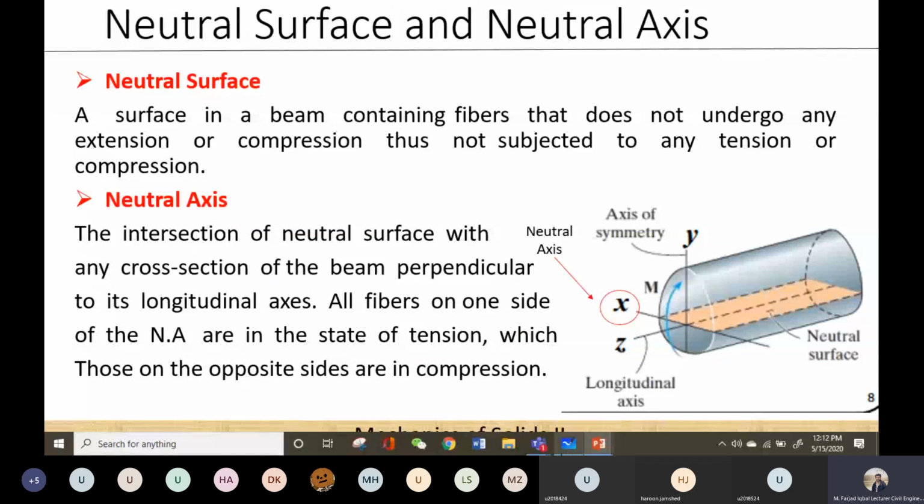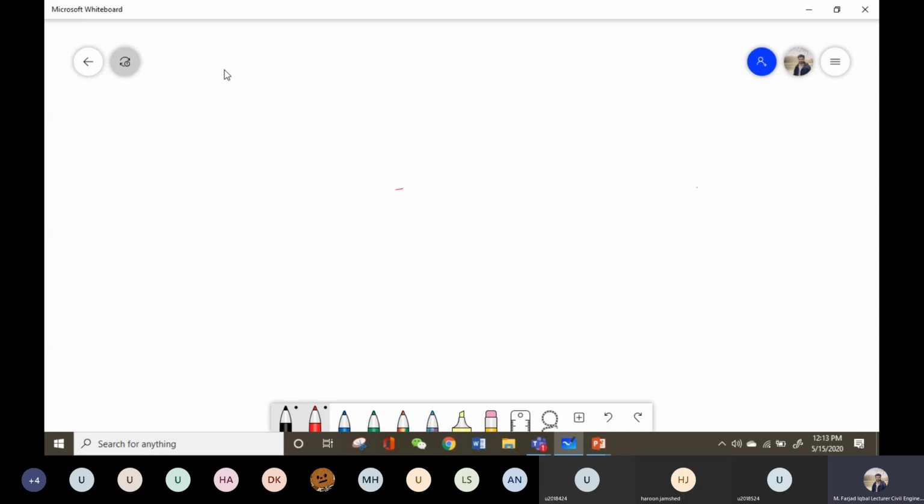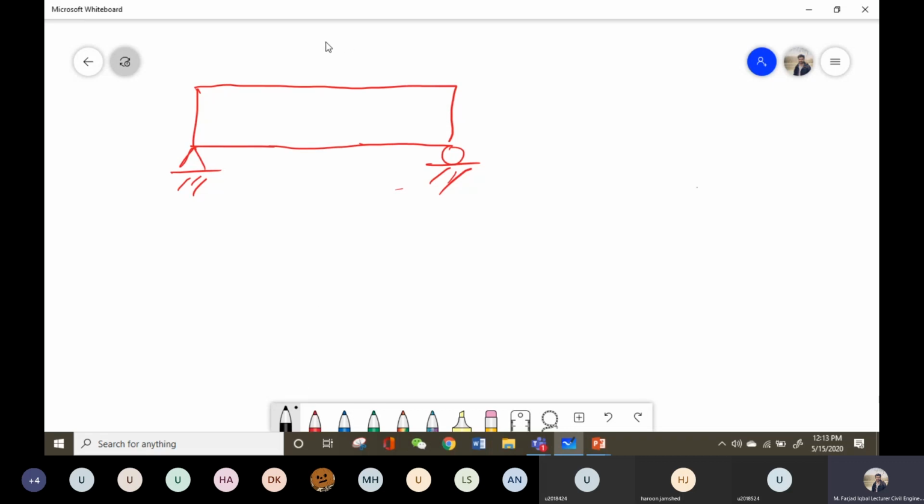Moving on, I will now explain what the neutral surface and neutral axis are. Let's say this is a beam, which is simply supported. If I apply the load from this direction, the beam will deflect or bend in a shape something like this.